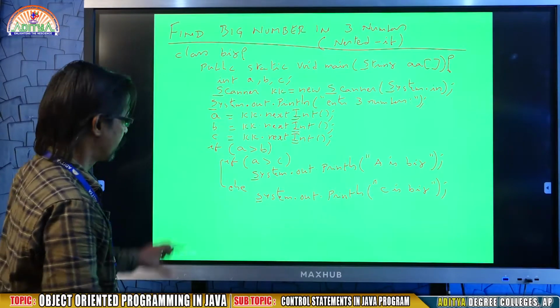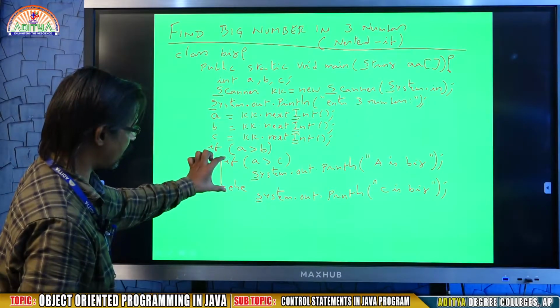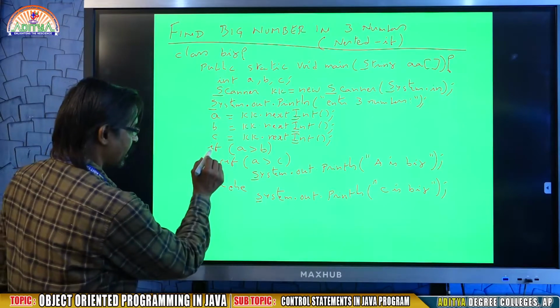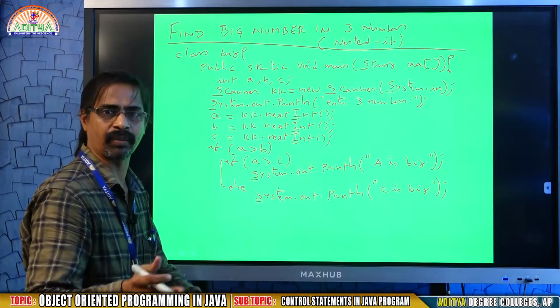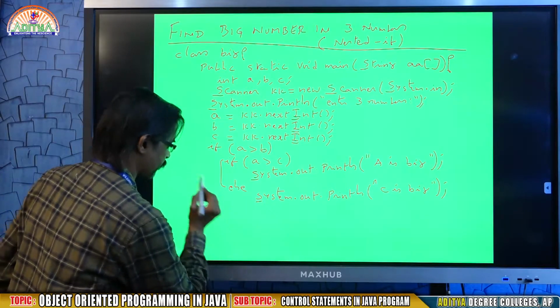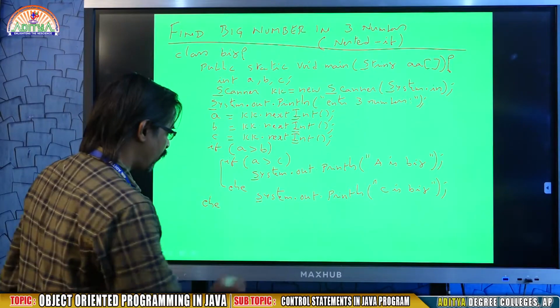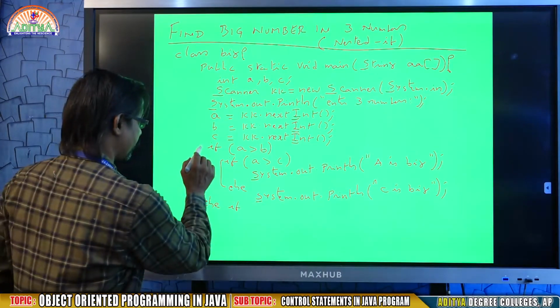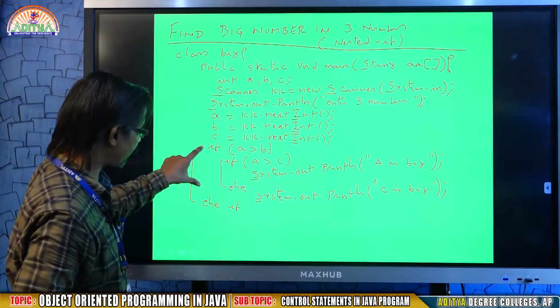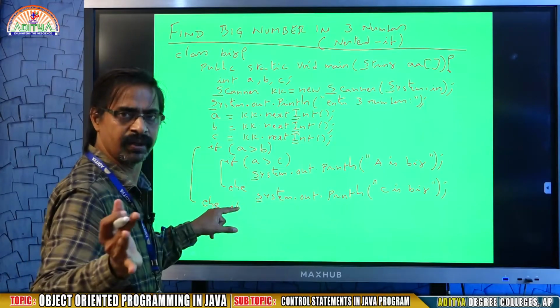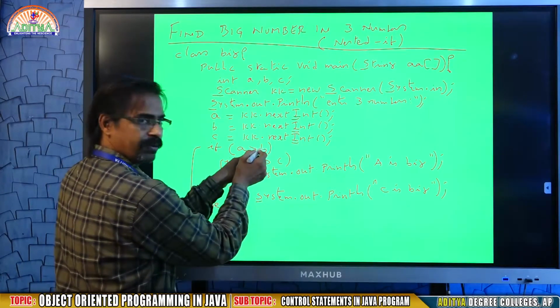This is the nested if. Okay, if the first condition A greater than B is wrong because B is big, then it will come to else, where again I am writing if. It is confirmed that in the first if, A is not greater than B, so B is big.